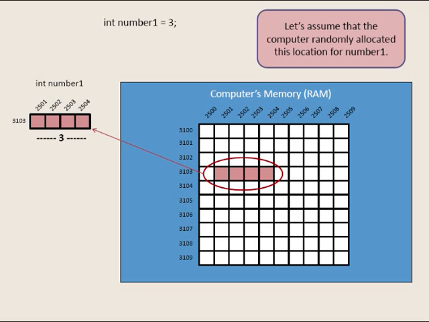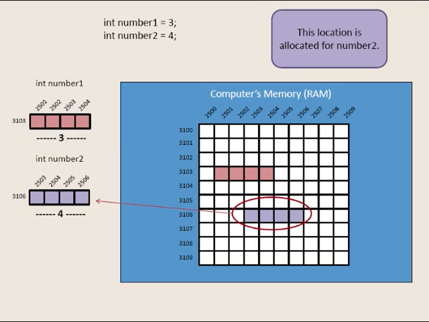Let's assume that the computer randomly allocated this location for number 1. This location is allocated for number 2.